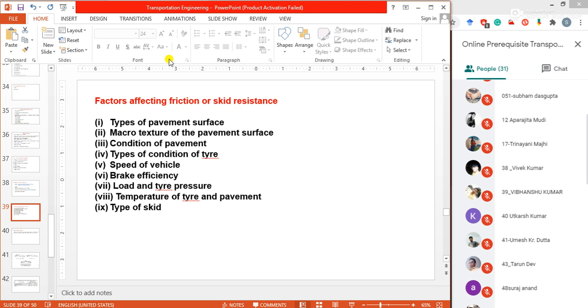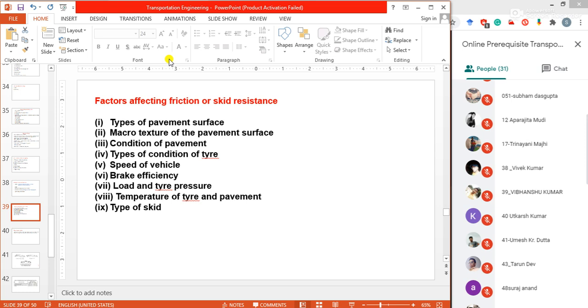Smooth and worn out tires offer higher friction factors on dry pavement than new tires with treads because of the larger area of contact. So in the case of a worn out tire, the friction is high compared to new tire treads. You have all seen the treads on the tire. Treads are normally provided by the manufacturing company on the tire for better friction, for better skid resistance.